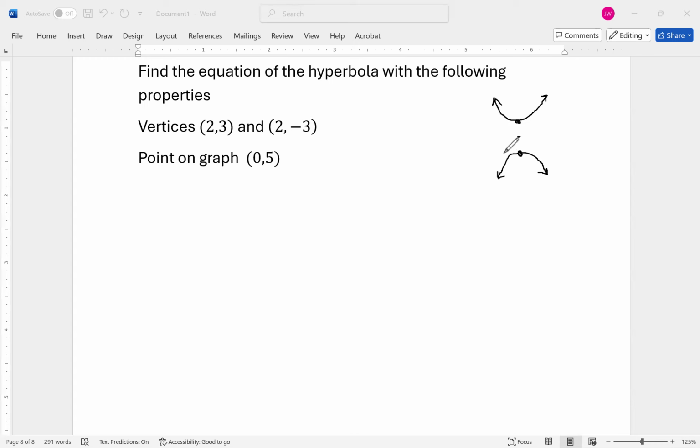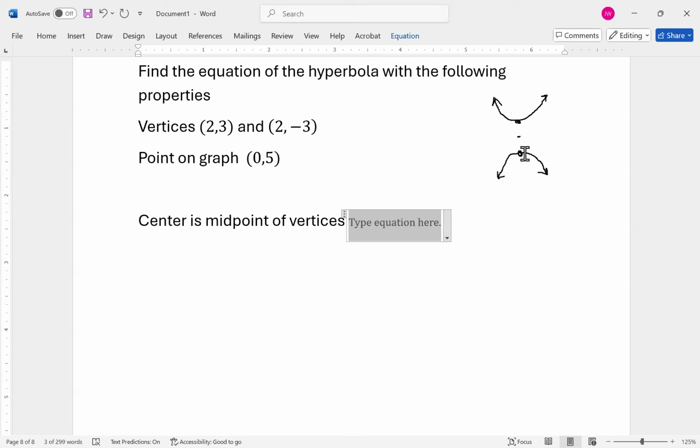Again, there's my center. So the center is halfway between the vertices. That's just the midpoint, and that's pretty easy to find. The midpoint of (2, 3) and (2, -3) is (2, 0).